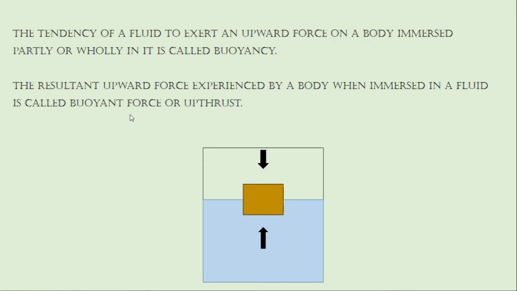So we can say that the tendency of a fluid to exert an upward force on a body immersed partly or wholly in it is called buoyancy, and the resultant force experienced by the body when immersed in the fluid is known as buoyant force or upthrust.